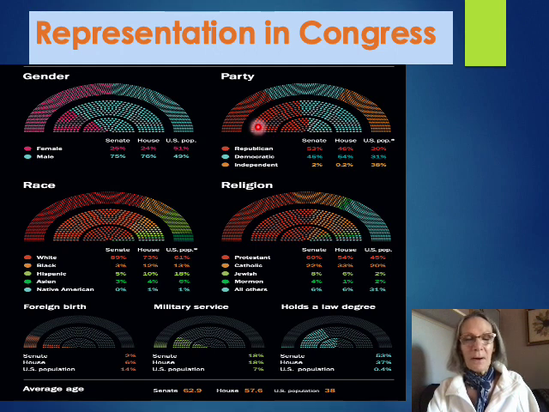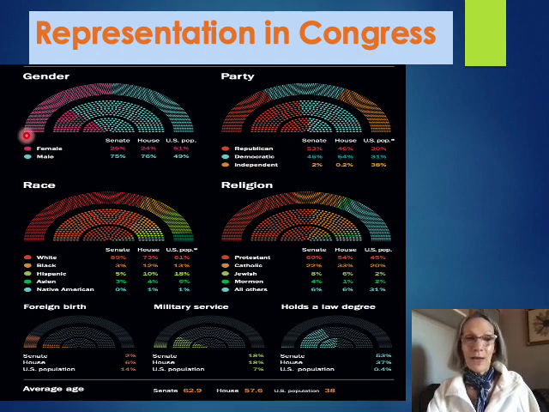This is the party makeup of the House: almost half and half, more Democrats than Republicans, but no independents. And in the Senate, two independents. So one could say that when looking at party affiliation, the United States Congress really isn't representative, because it doesn't give voice to those who identify with a party other than the Democrats or the Republicans.